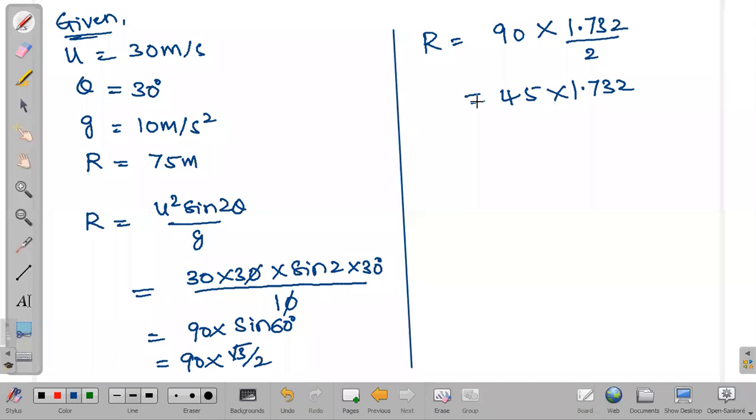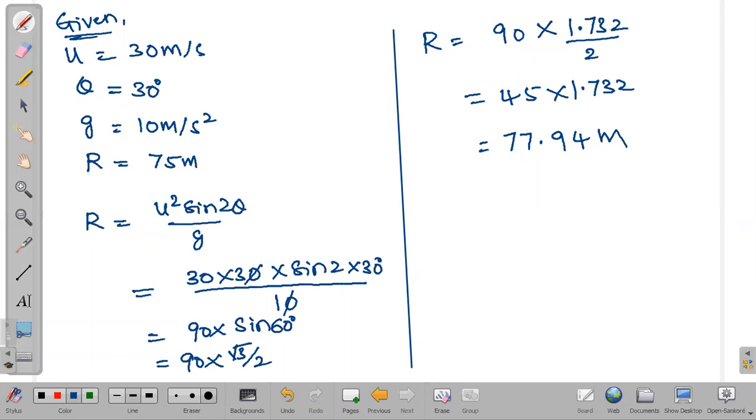If I do 90 into 1.732, obviously I will get more than 45, because 1.5 times is there, no? So approximately we can say we will get more than 45, right? Now, 45 into 1.732, if we do, you will get the exact value as 77.94 meters, right?